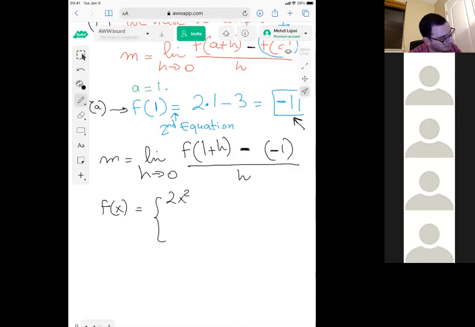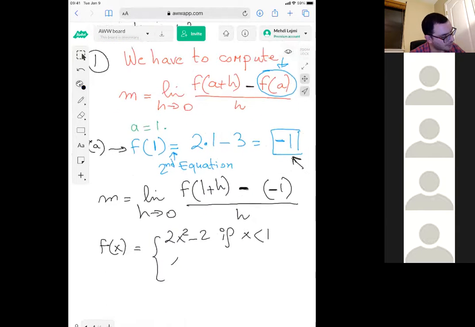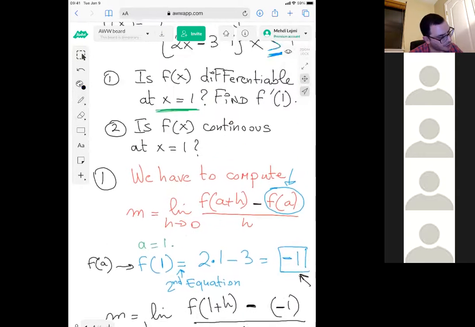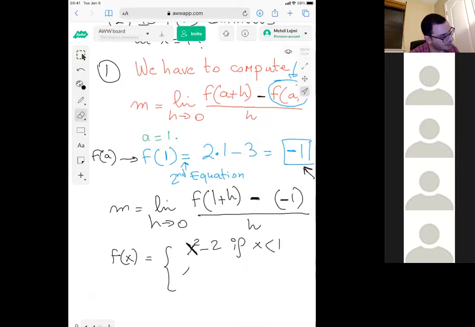So let me remind you, f of x is supposed to be x squared minus 2 if x less than 1. So this is x squared minus 2. And the second equation is 2x minus 3 if x is larger or equal to 1.